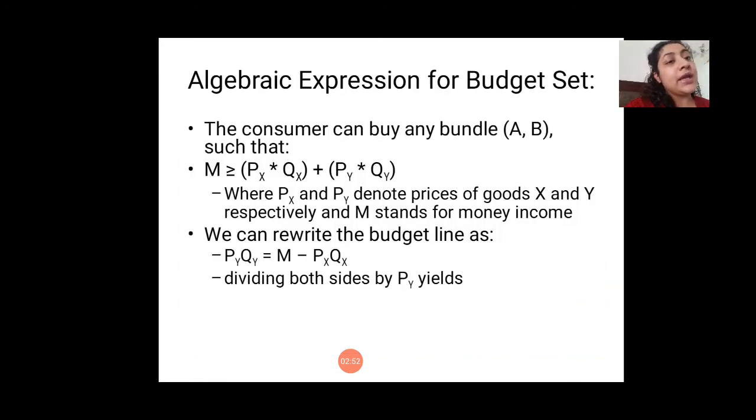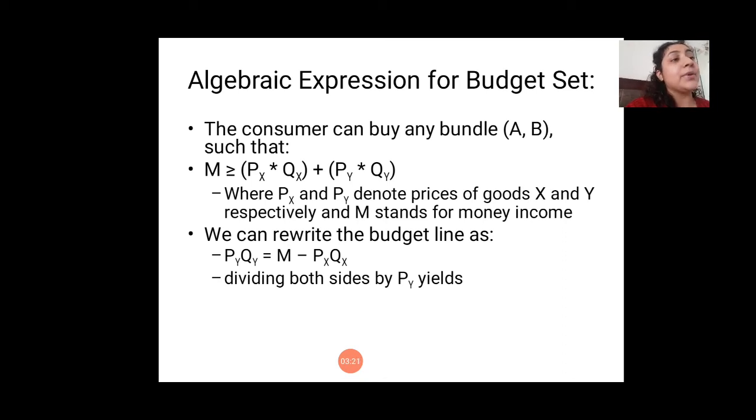Now, the algebraic expression for the budget set is m is greater than or equal to px·qx + py·qy. What does that mean? It means that your money income is spent on good x and good y. Your money income will be either equal to what you're buying, or greater than what you can buy.